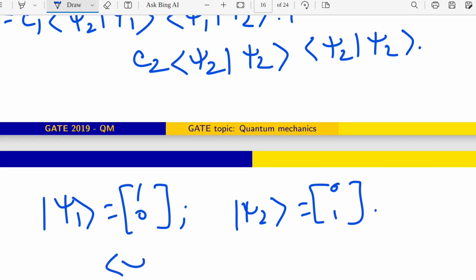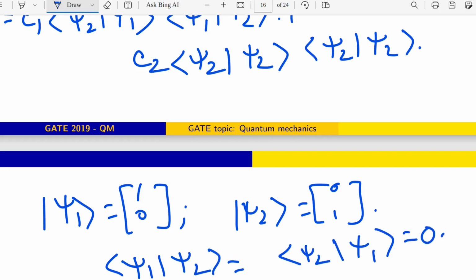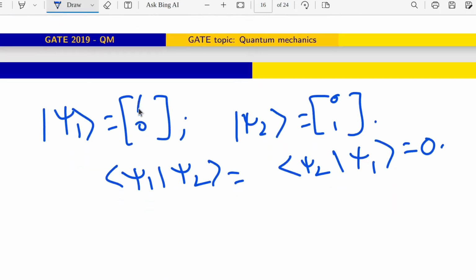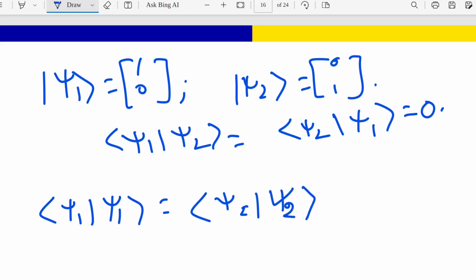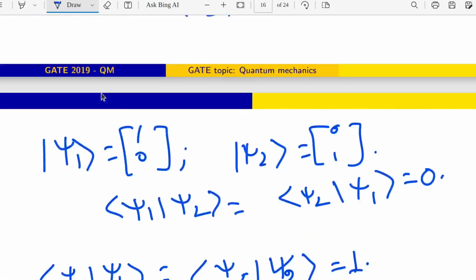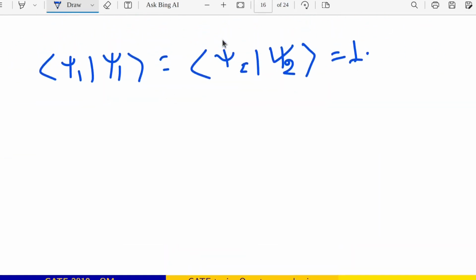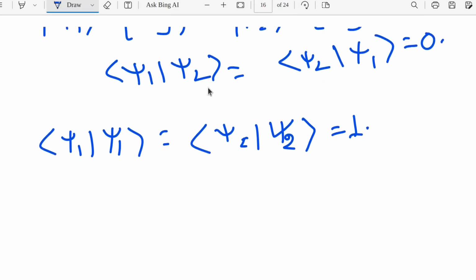So whatever I am writing here, psi 1 psi 2 and psi 2 psi 1, will automatically be 0. And psi 2 psi 2 will give a non-zero value, and the non-zero value is 1. So if I write here rho 22, if you don't understand this line, then I can also explicitly tell how it is coming.